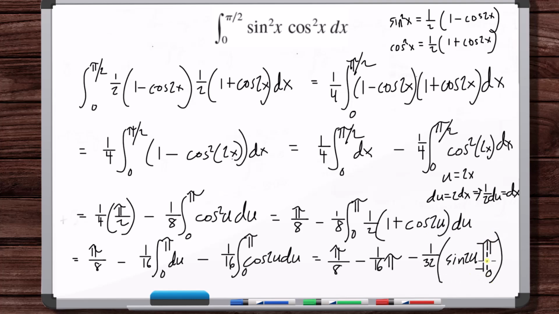Zero to pi, so sine of 0 is 0, sine of 2 pi is 0. So we're left with 1/8 pi minus 1/16 pi. So 2/16 pi minus 1/16 pi is 1/16 pi, pi over 16.